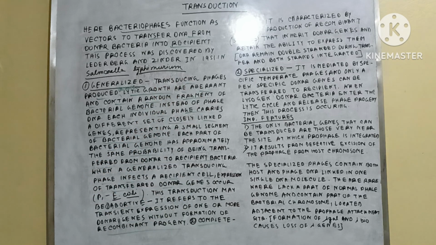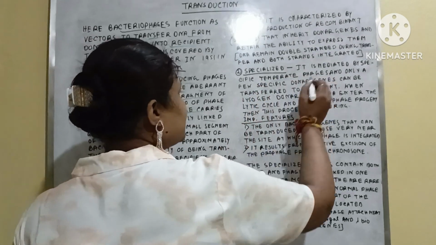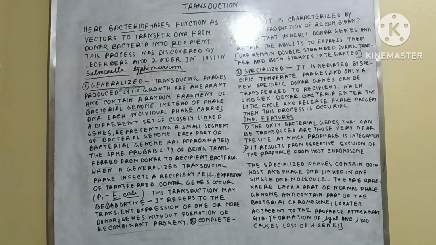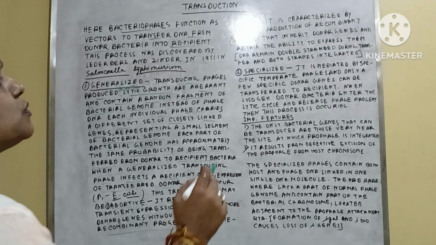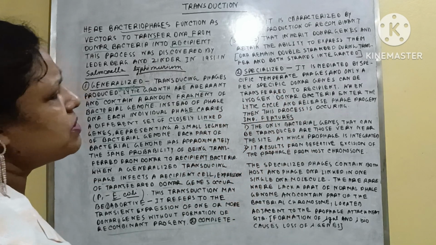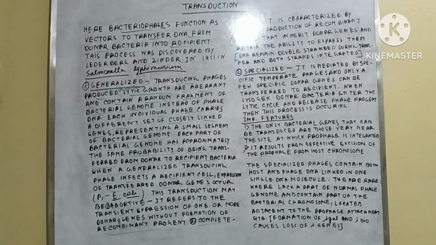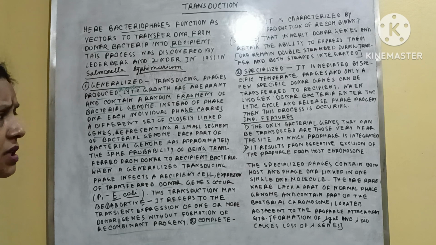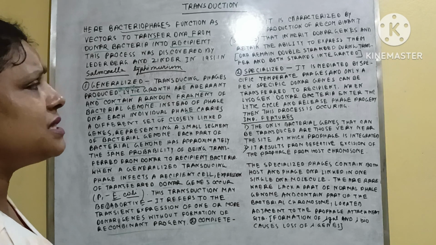Next one is the specialized transduction. It is mediated by specific temperate phage. Obviously phage is needed here, but specific temperate phages are very important for the specialized transduction process. Only a few specific donor genes can be transferred to the recipient. Not all the donor genes are transferred by this process, only a few specific genes.